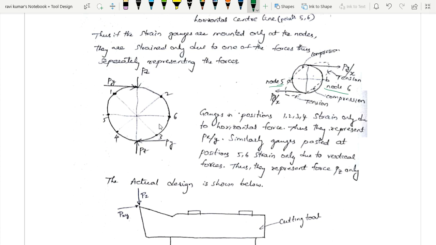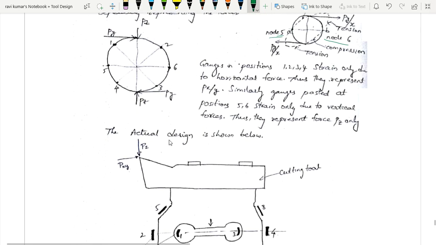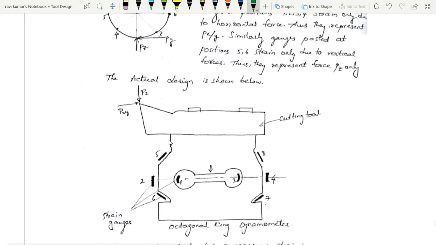Likewise 1, 2, 3, 4 shall be affected only by Py. Right? Now if I measure the voltage because of this Pz or Py, because the strain gauges are present at 1, 2, 3, 4, 5, 6 only, the two forces will not be affected by one another, right?